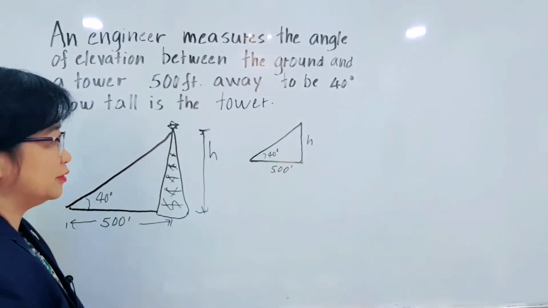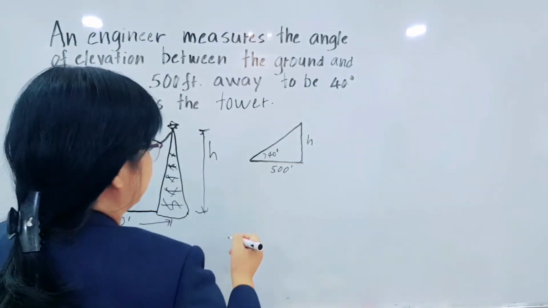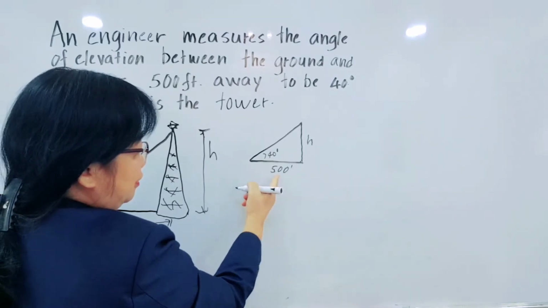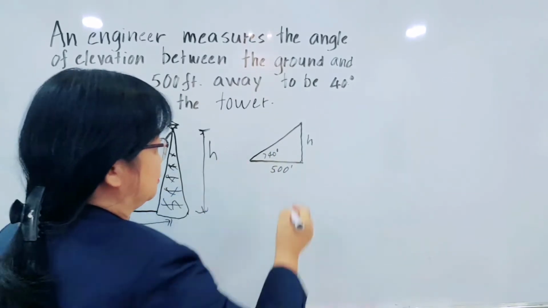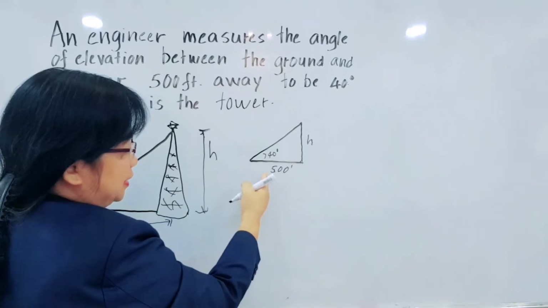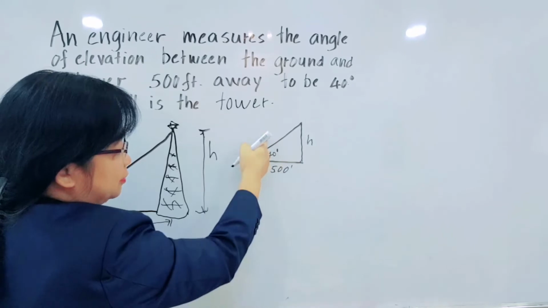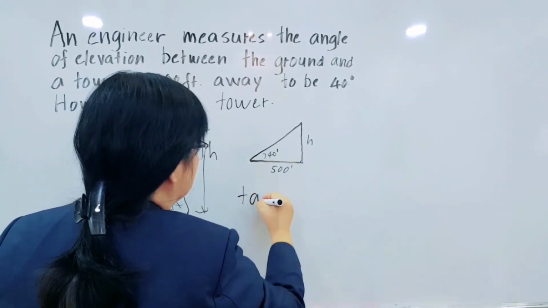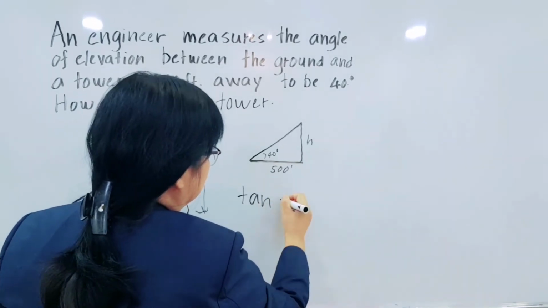Because we're looking for the height, the trigonometric function sine cannot be used, because sine is equal to the opposite over the hypotenuse, which is also unknown. Cosine also, we have the adjacent, but we don't have the hypotenuse. So we have only one choice, to use the tangent.